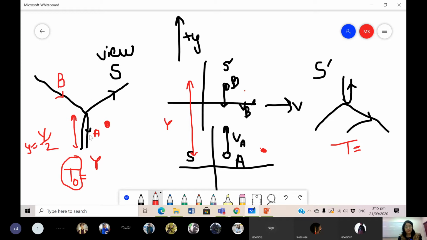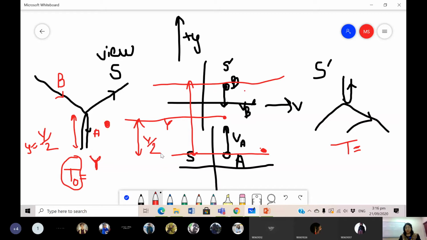So what is the round trip time for A? That will be T0, the proper time. I said that the total distance from here to here is y, and they collide at the midpoint, right? So what will this distance be?